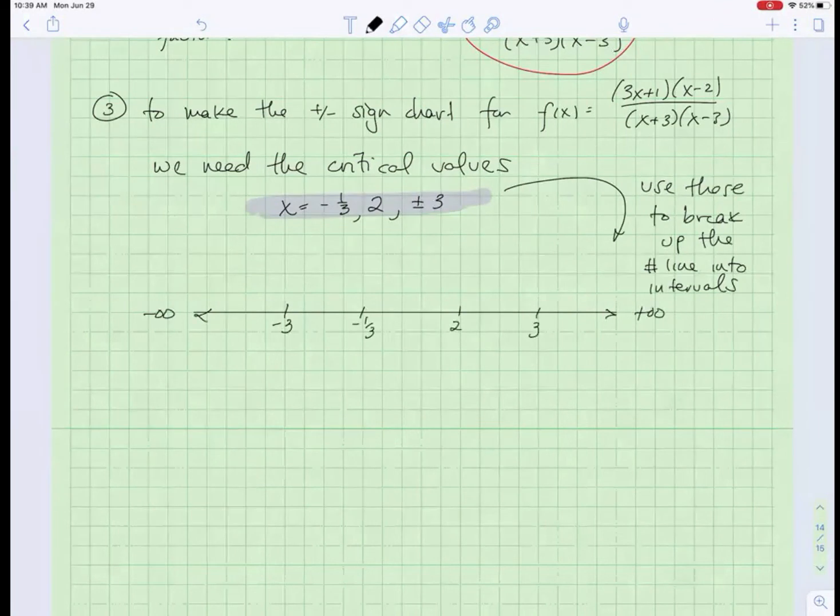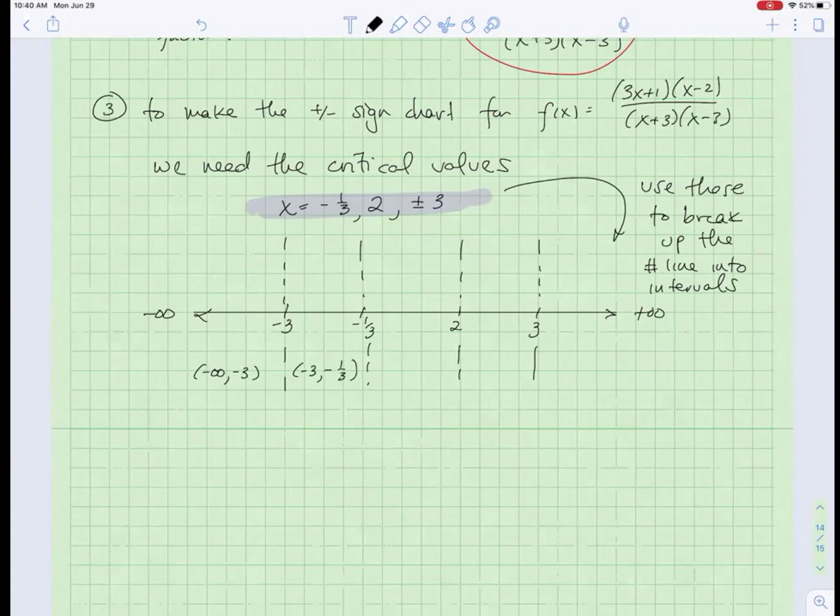Now, this isn't to scale. I'm just placing them on the number line in order, and that breaks the number line up into a few different intervals. This is the interval negative infinity to negative 3. This is the interval negative 3 up to negative 1/3.